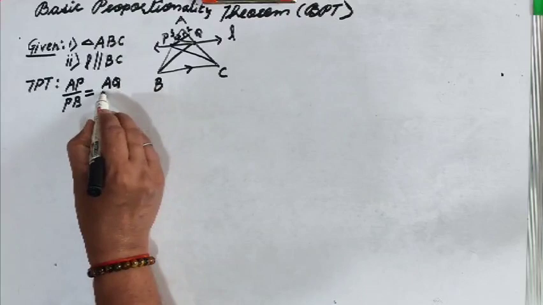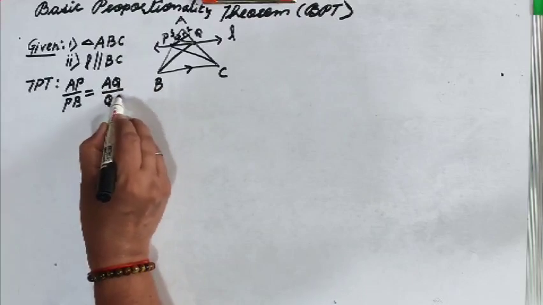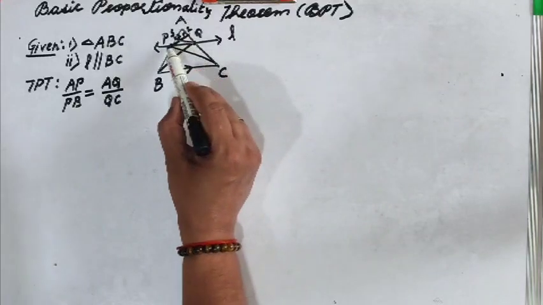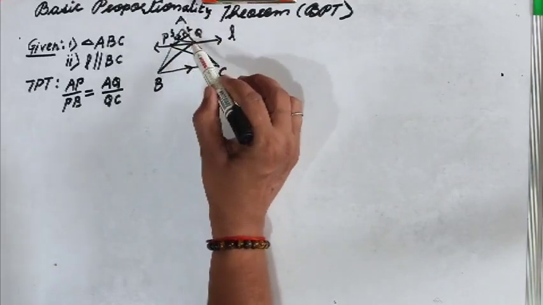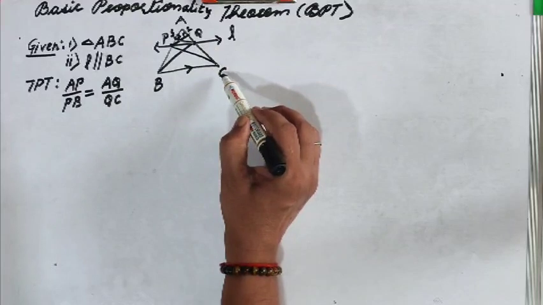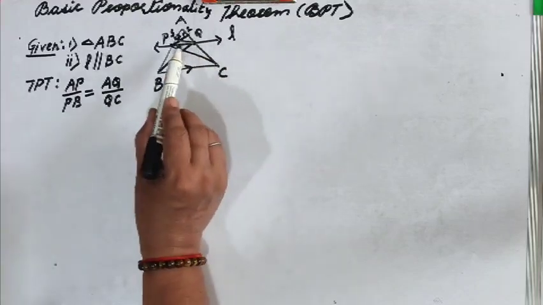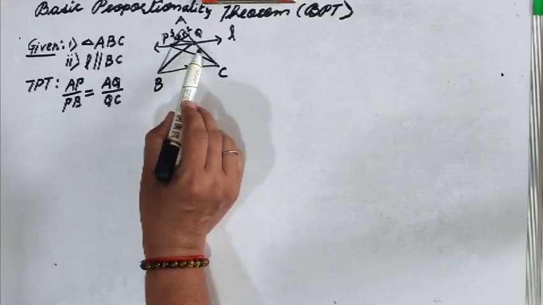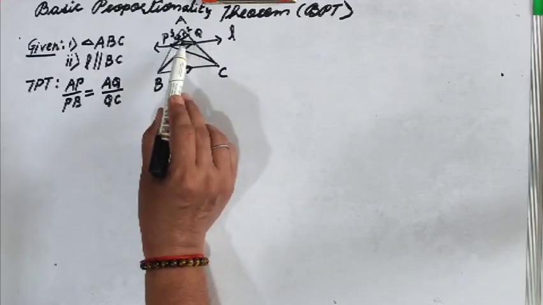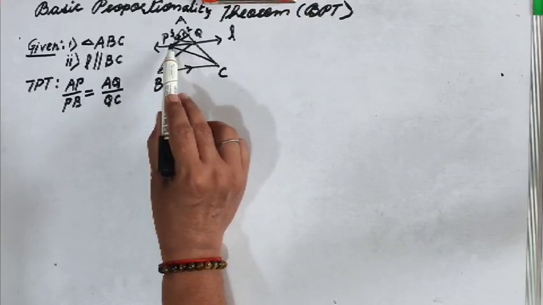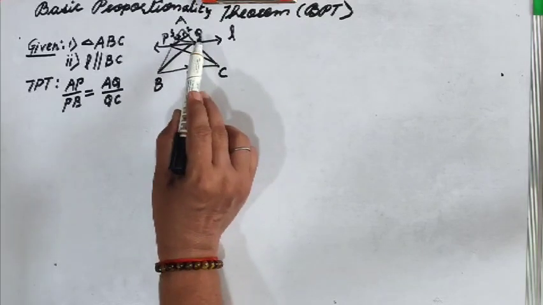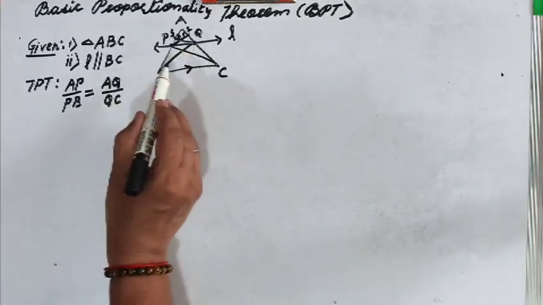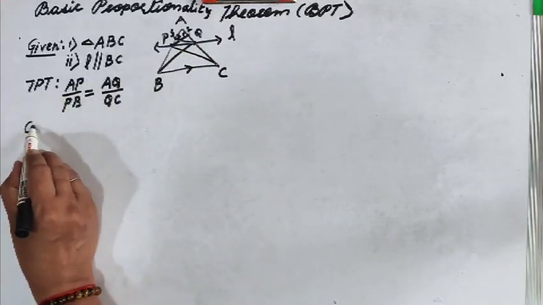First try to understand this, that your aim is to prove AP upon PB equal to AQ upon QC. Now in order to prove this, I made some construction here. I told you to draw a perpendicular from Q to S, and also a perpendicular from P to AC, which meet at the points S and R respectively. So this will go under the heading construction.